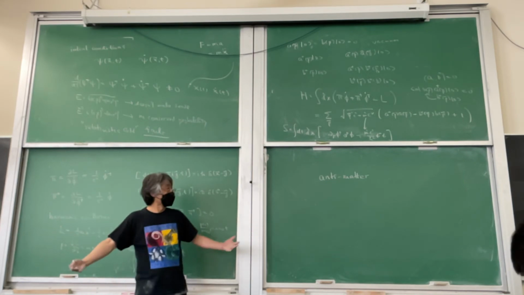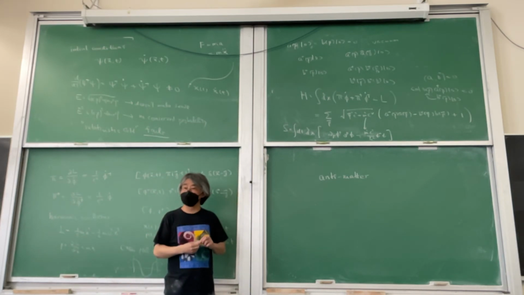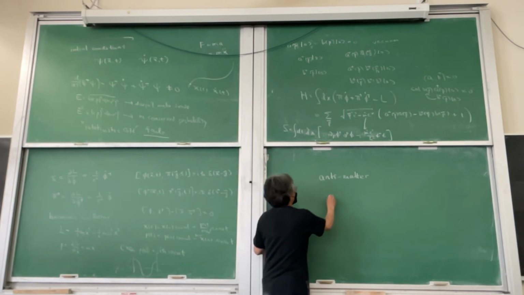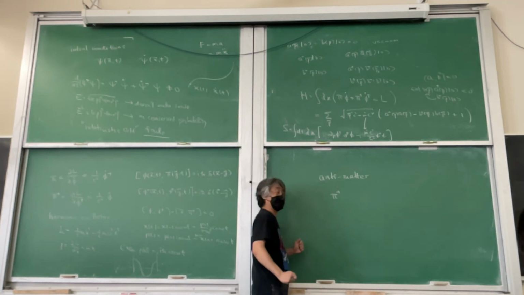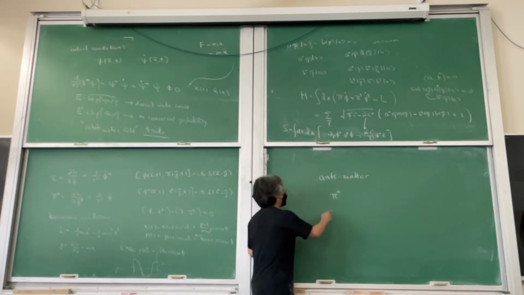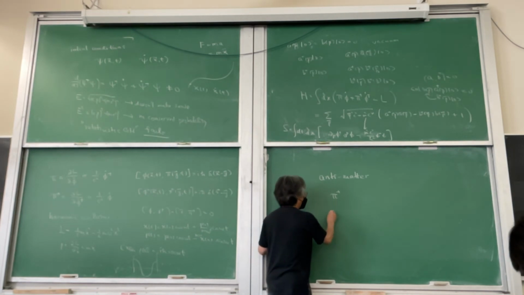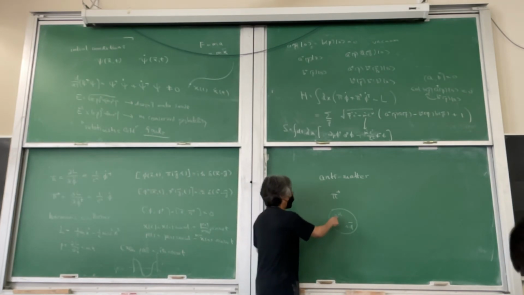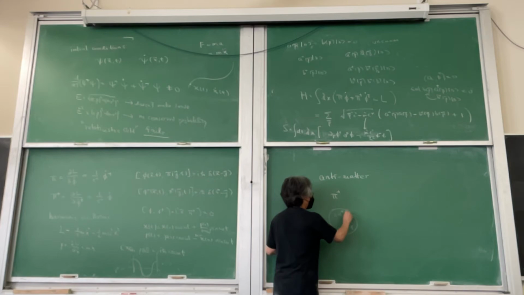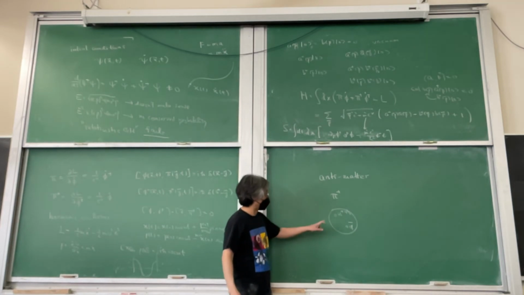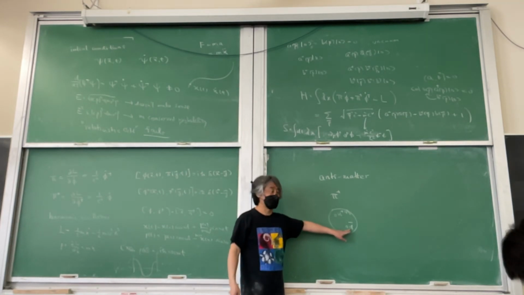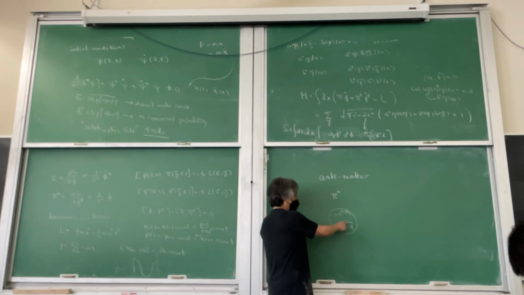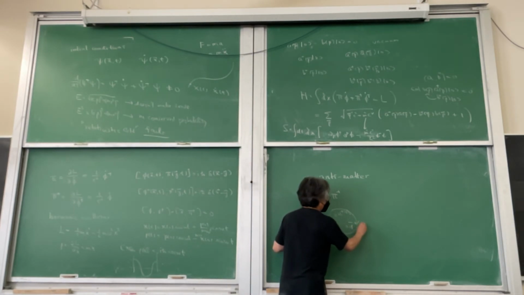For example, we know there are spin zero particles in nature called pions. And this is now known to be made of an up quark and an anti-down quark. Up quark has charge 2/3, very strange, but that's true. Down quark has charge -1/3, so its antiparticle has charge +1/3.